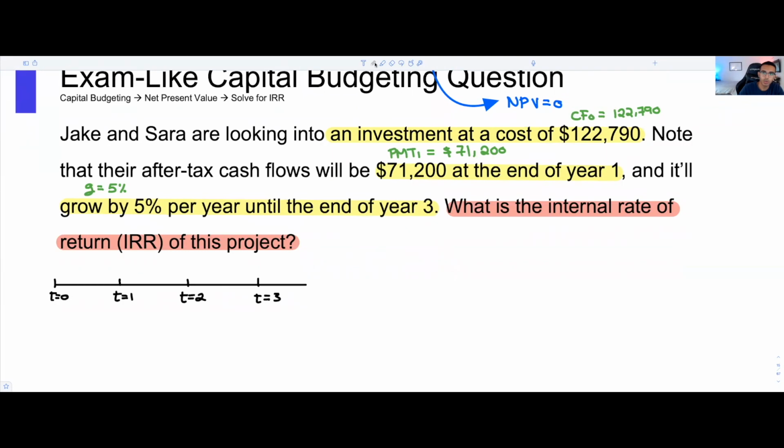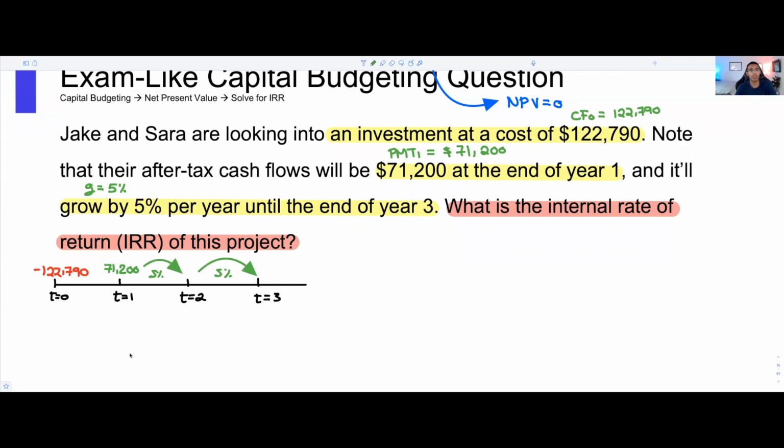At time 0, you're going to be spending $122,000, and at year 1, you're going to be making $71,200. And we know that amount will be growing by 5% every single year. So you could write 5%, 5%.